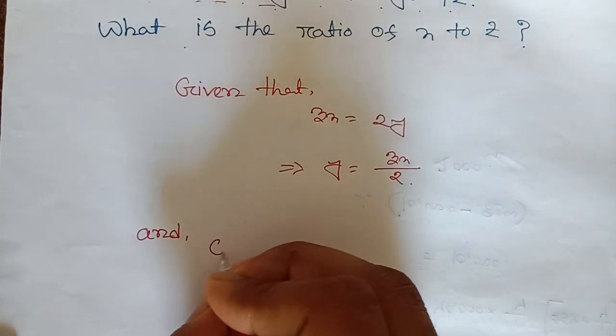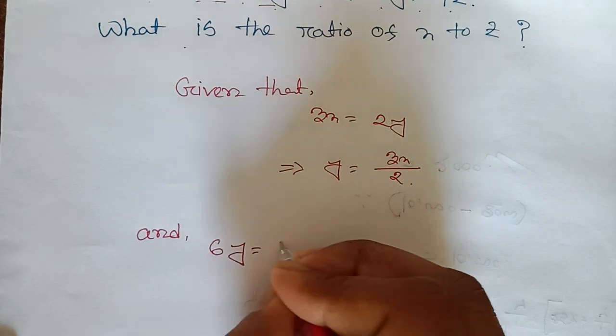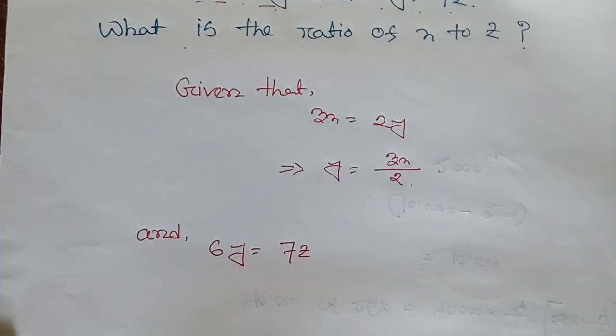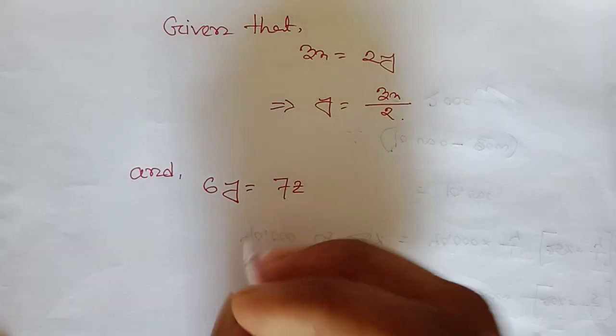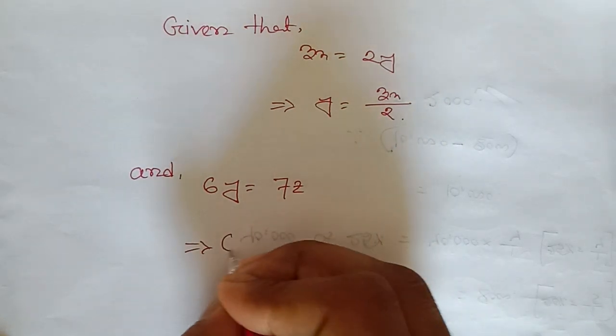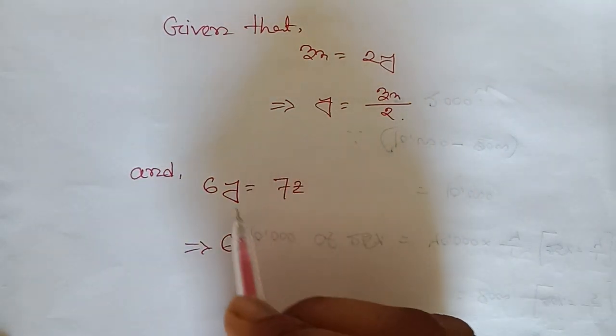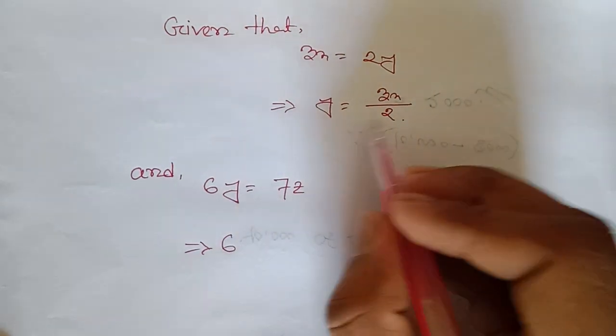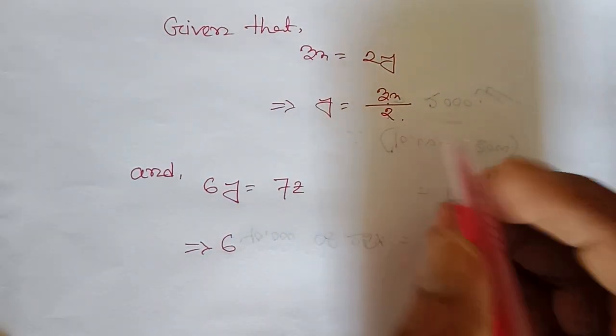We can write 6y is equal to 7z, or 6y, where y means 3x over 2.